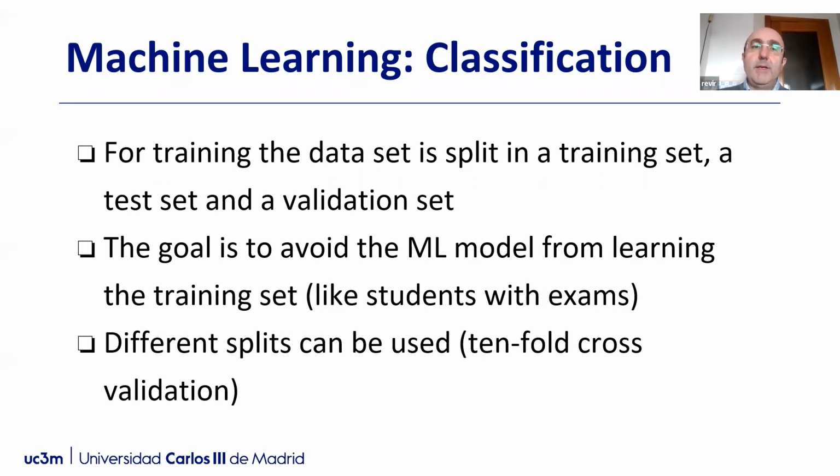So how is this training done? Basically, we split the data set into a training set, a test set and a validation set, and we train the model with the training set. Then we test it with the test set, and then we do a validation. This is done with different splits of the data to do what is called cross-validation, where we're trying to ensure that the model is not biased to the specific data set that we are using.